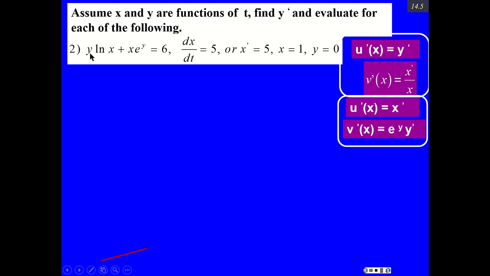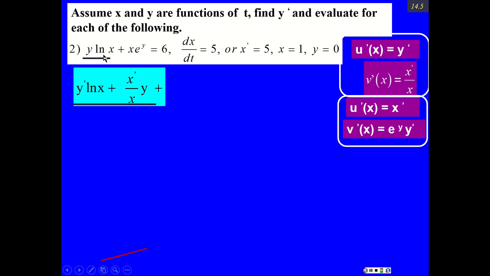Now, derivative of the first, derivative of y is y prime times natural log of x, which I have here, then plus derivative of natural log of x, which is x prime over x, then times first, which is y. I underline it, then you can see this is the derivative of this.